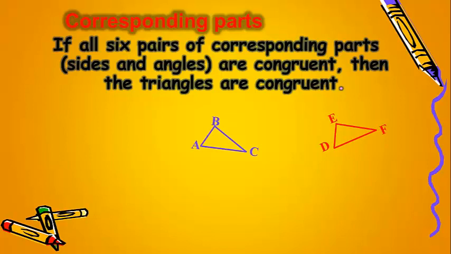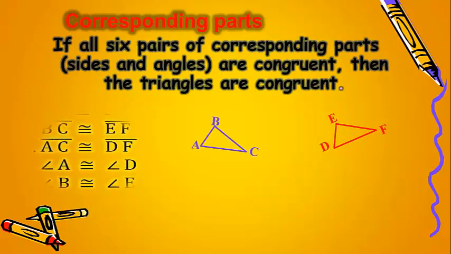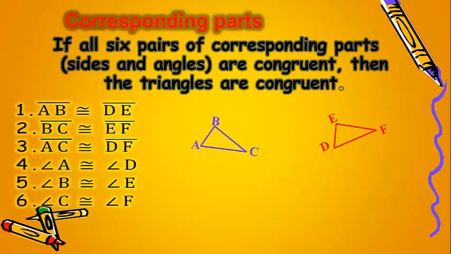In one-to-one correspondence, A corresponds to D, B to E and C to F. If these two triangles are congruent, I can say segment AB is congruent to DE, segment BC is congruent to EF, and segment AC is congruent to DF.